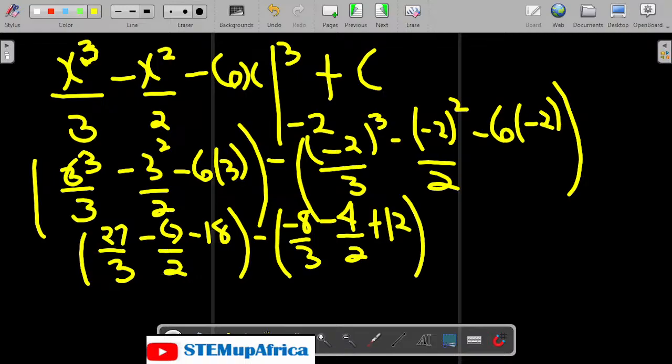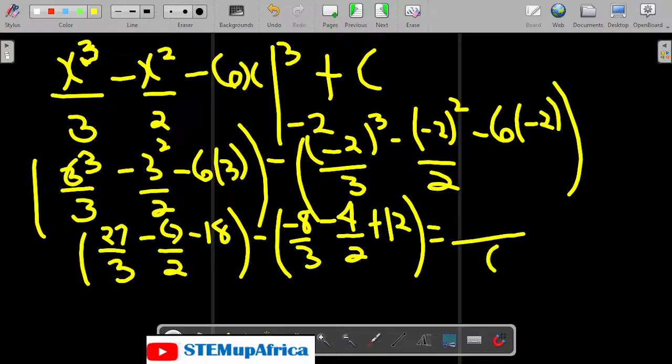If you take the LCM on the first one, the LCM will be 6. So if you simplify that, let's just do it together.